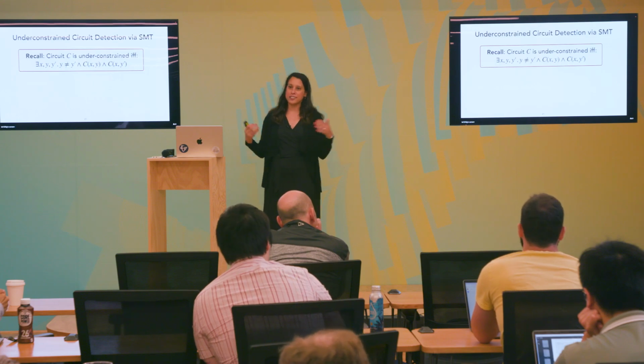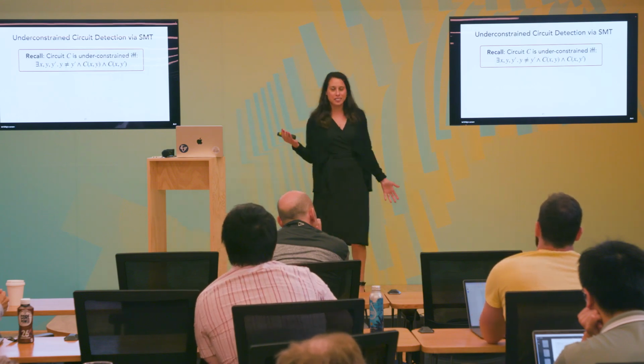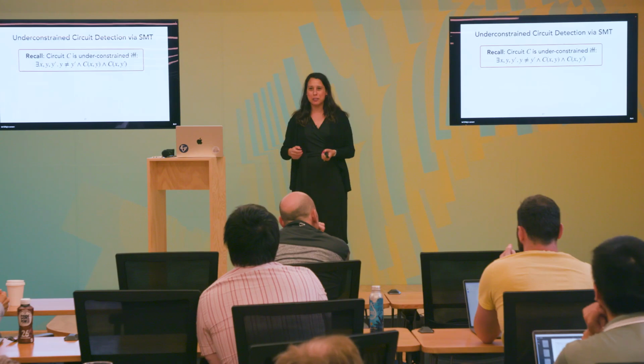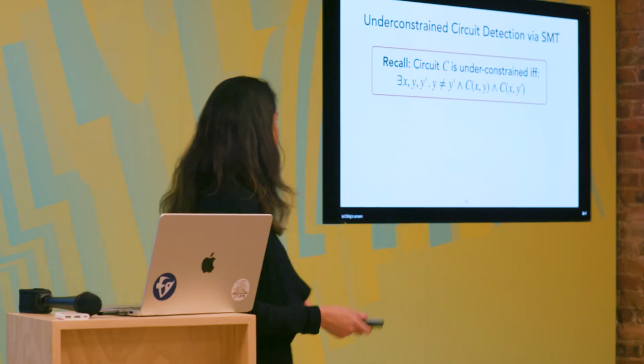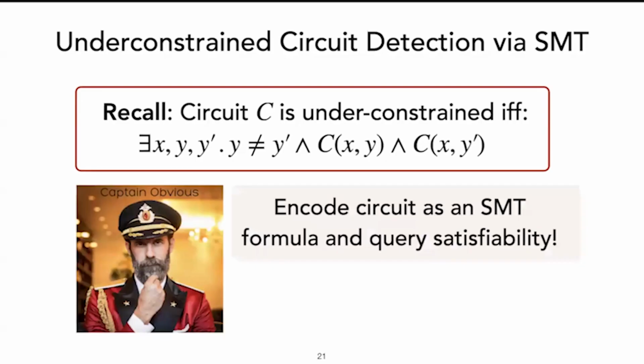As many of you who have talked to formal methods people know, we love SMT solvers, right? We love automated theorem provers. So what you can do is take your circuit C and encode it as an SMT formula, for example, in the theory of integers or the theory of finite fields.